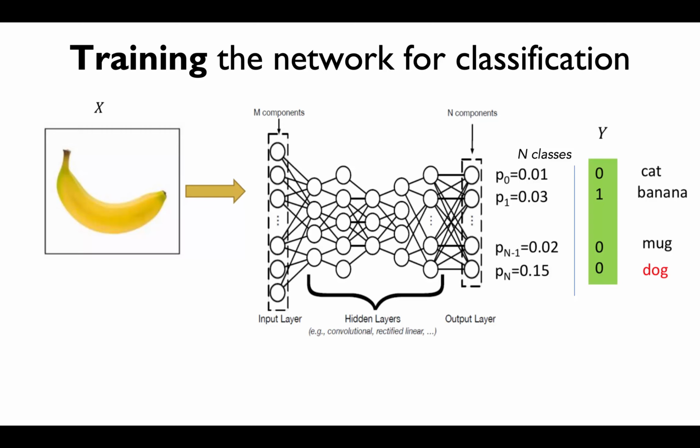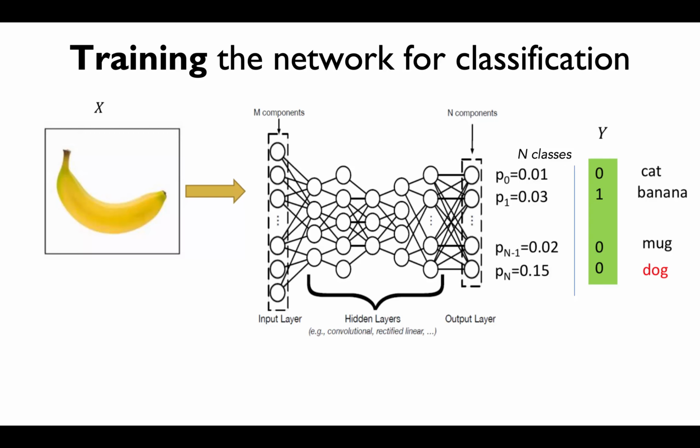So the loss is calculated by comparing the real answer, which in this case would be just banana, would be 1, and all of the other classes would have the value of 0, and we compare it with the probability distribution that we have, and we compute the distance between these.